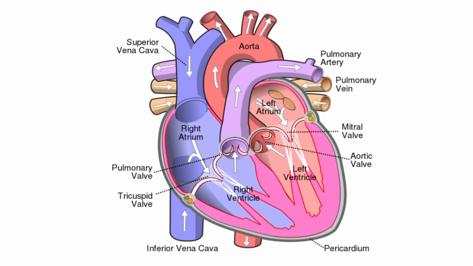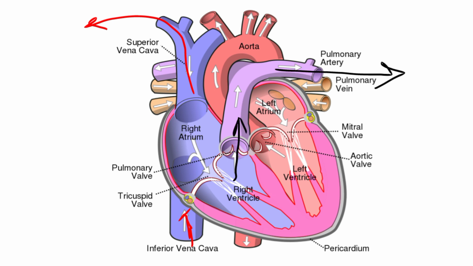So everything I've said, you can easily find them here. This structure you have here is the superior vena cava. From down here, you can see it's the inferior vena cava. Like I earlier showed you, this is the pulmonary artery, while this is the pulmonary vein.